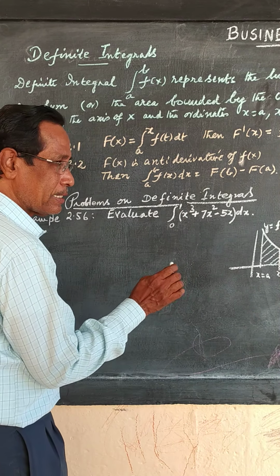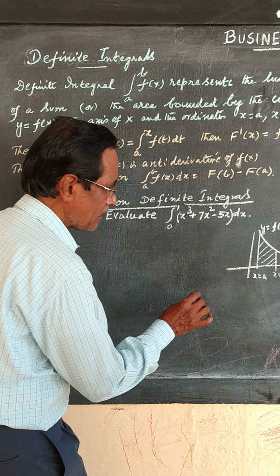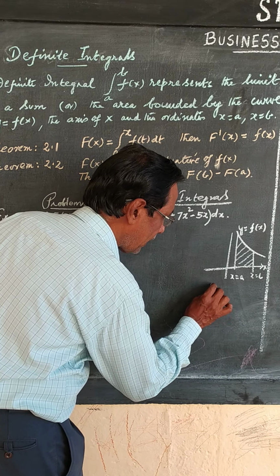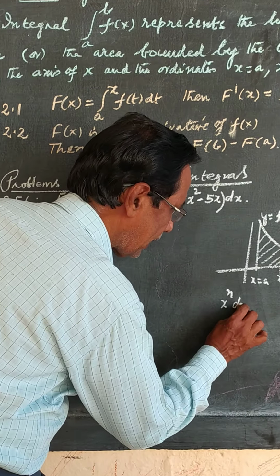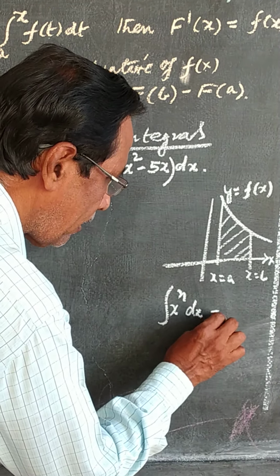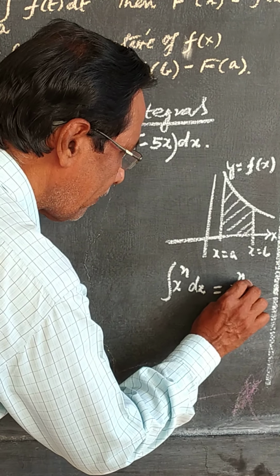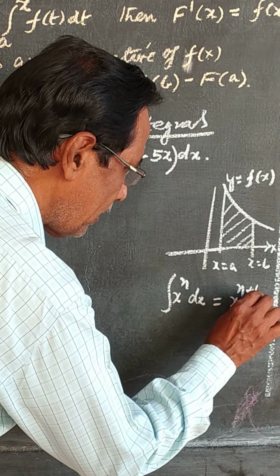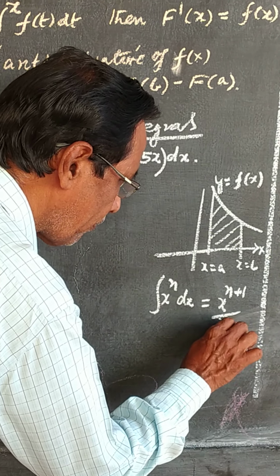Now we shall see some basic fundamental integrations. The integral of x to the power of n dx will always be equal to x power n plus 1 by n plus 1.